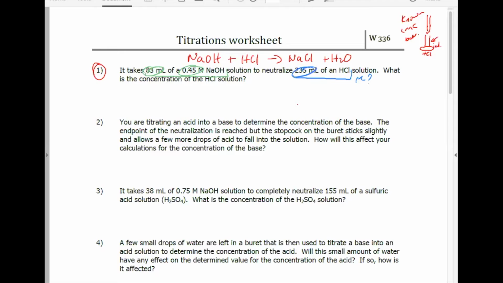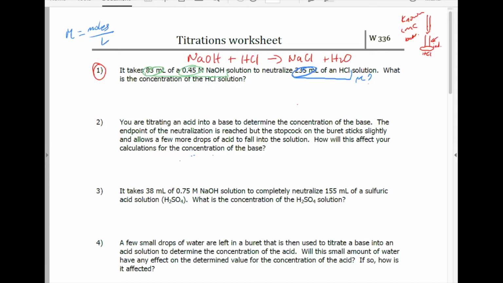Remember that our currency in chemistry is all about the moles. So we have to take the information that we have and go to moles. How do we do that? Well, remember that molarity is equal to moles per liter.